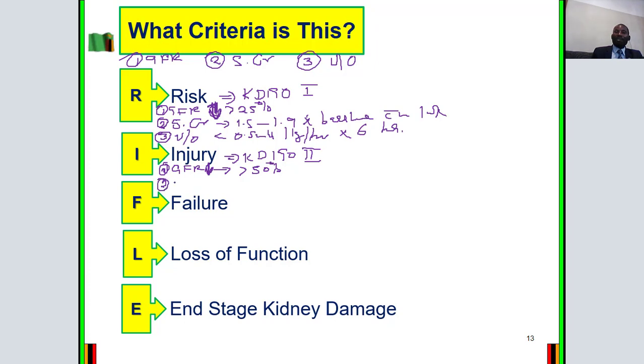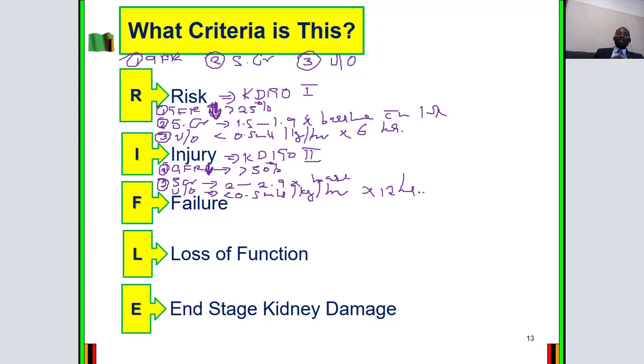Then 2, we look at the serum creatinine. It will increase in the range of 2 to 2.9 times from the baseline. And if we use the urine output, it is less than 0.5 mL per kg per hour for 12 hours.